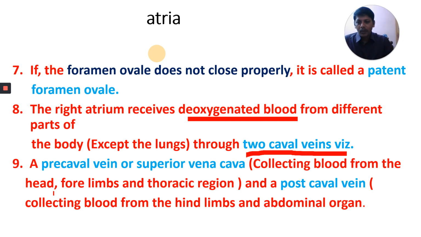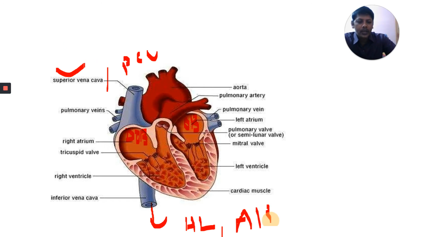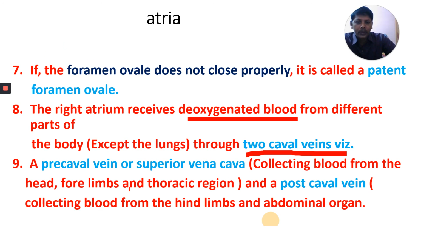The other is the postcaval vein, collecting blood from the hind limbs and abdominal region. We can observe here, this is the inferior vena cava, collecting blood from hind limbs and abdominal region. And this is the superior vena cava, collecting blood from head, forelimbs, and thoracic region.